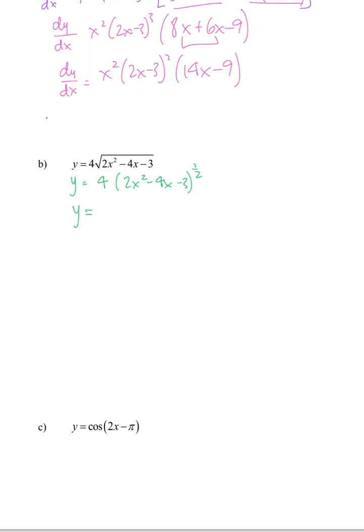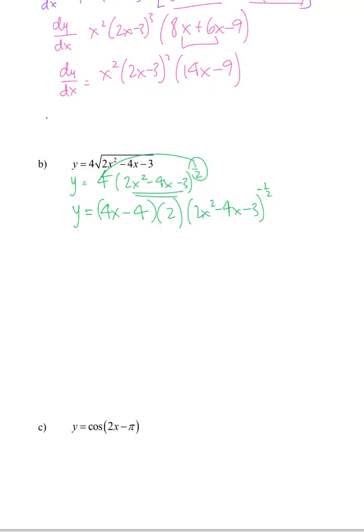So I'm going to start with the peanut, which is the stuff in the parentheses, and I'm going to take the derivative of it, which is 4x minus 4. Then I'm going to do the 1/2 times the 4, which is 2. Then I still have my set of parentheses. And I'm going to subtract 1 from that exponent.